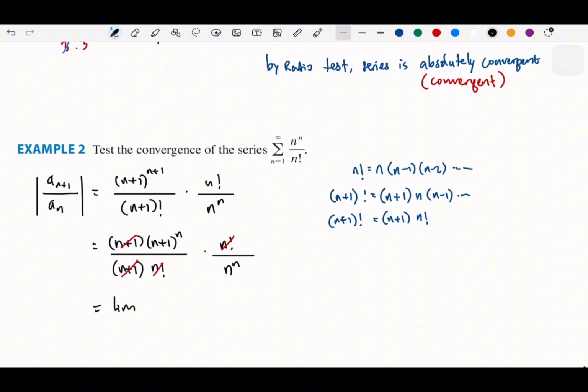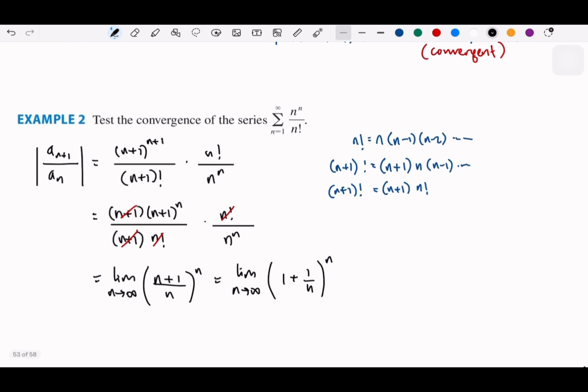So we take the limit of this, (n plus 1 over n) to the power of n. So what is this? In calculus 1, we learned that this is the definition of e.